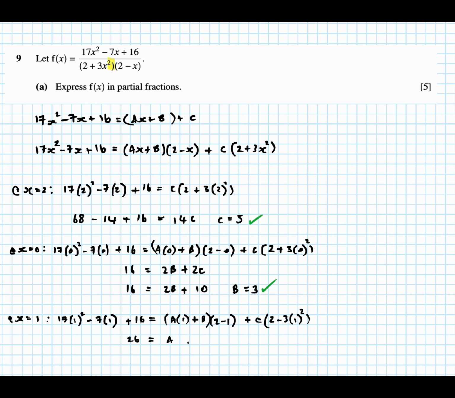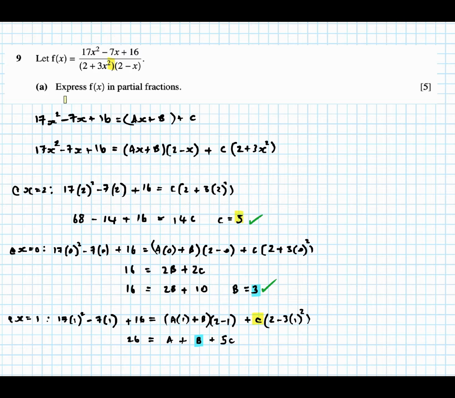Okay, so 17 minus 7 plus 16 is 26. A plus 3 plus 25 in this case, 5 times C is 25. I'm doing it in my head before I'm writing it, just to make sure. So 5C, I know it's 3 and 5 in there. Let's make it clear with our highlights.